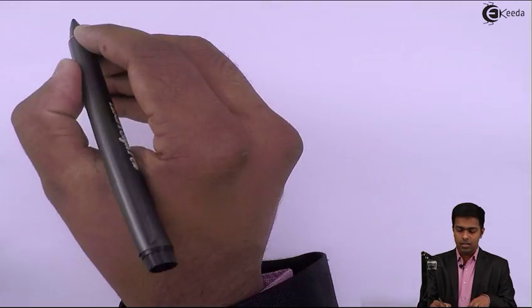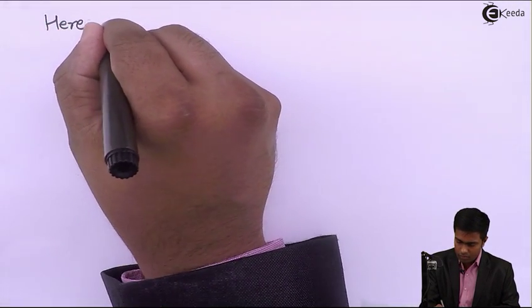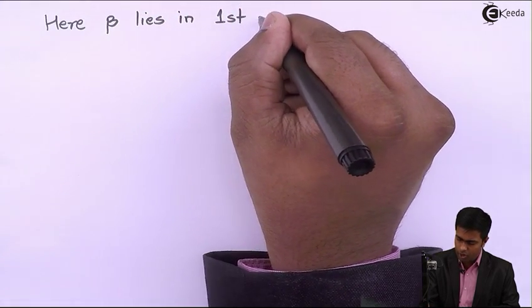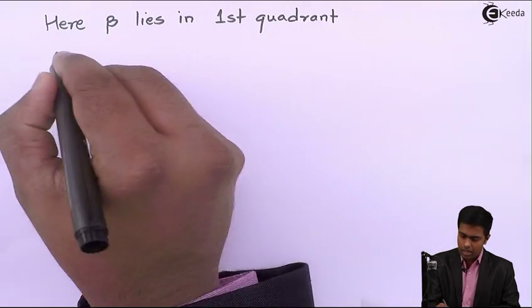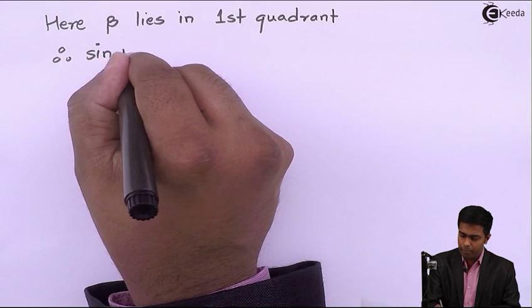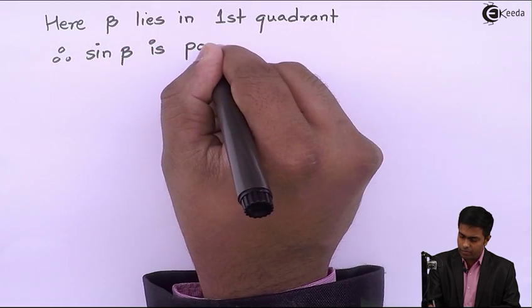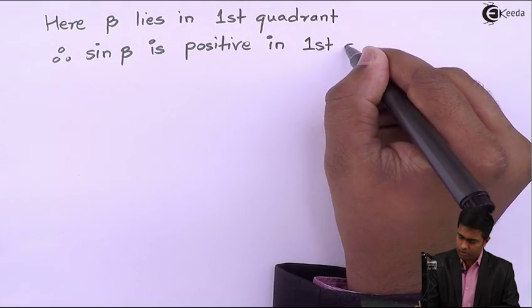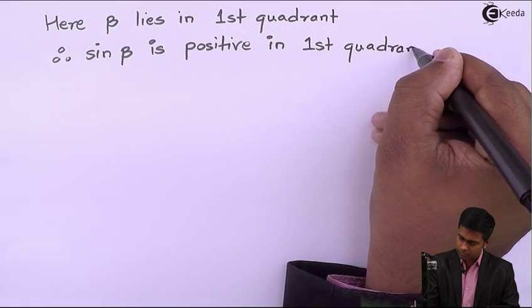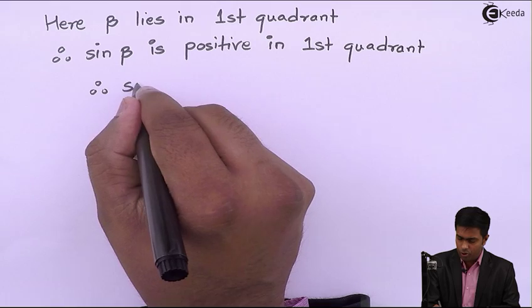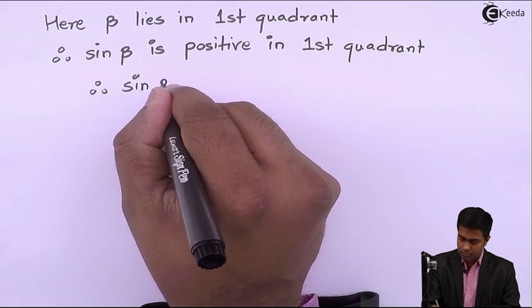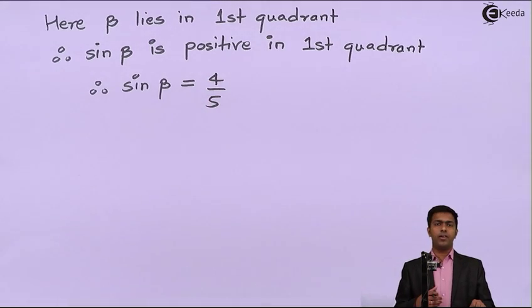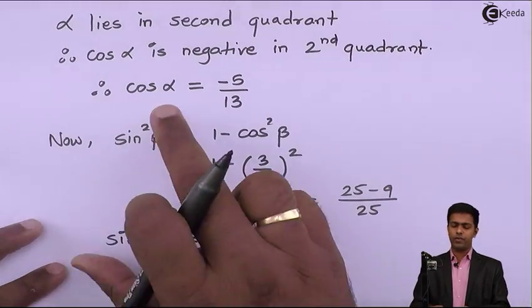So here I will say beta lies in the first quadrant, and therefore sin of beta is positive in the first quadrant. So the value of sin beta is equal to 4 by 5. So we got the value of sin beta as well as the value of cos alpha.